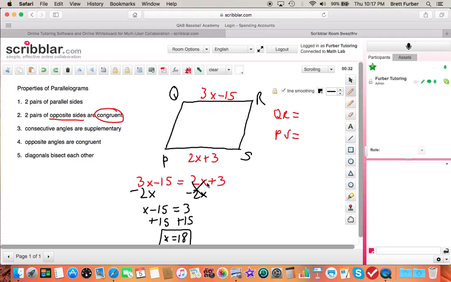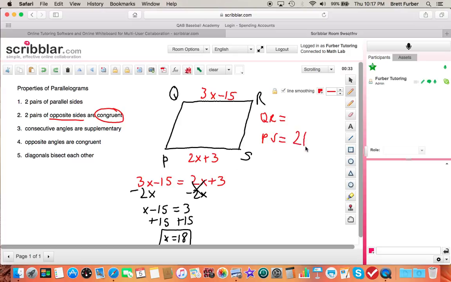Now I'm supposed to find the real length of QR and PS, which we really only have to do one time because they're opposite sides and opposite sides are congruent. So if we find one, the other is the same. We just take this value of x and plug it in either here or here to find the value. So just so I have less to multiply with, I'm going to do this one here. PS will be the one I do. It says that it is 2 times x.